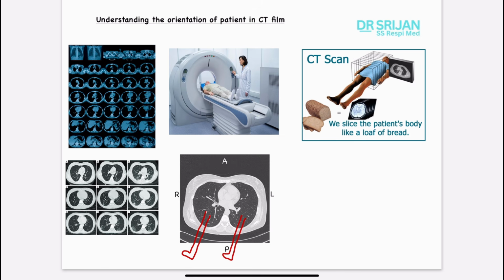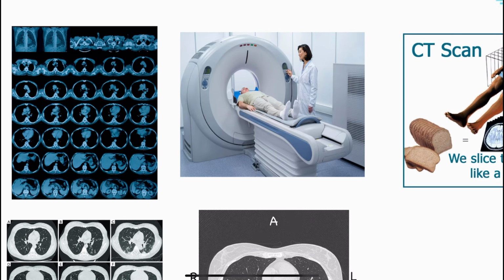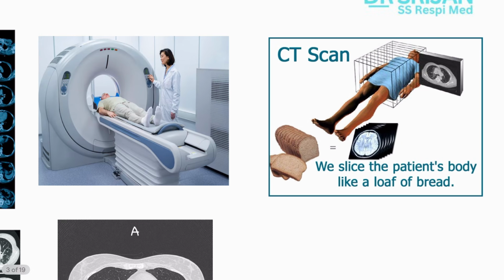Whenever a patient comes to you and hands you over a CT scan plate, basically it looks something like this. I want you to remember this image where a patient is lying in the CT scan machine. His feet are pointed towards outside, towards you, and his head end is far away. Now imagine a plate over here. I want to show you an analogy.